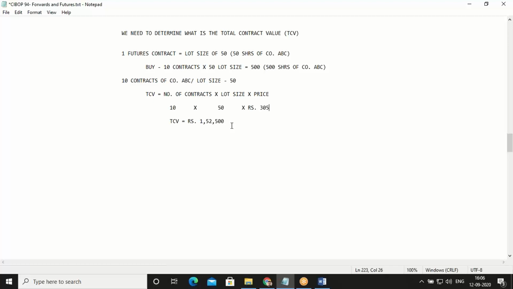Any other answer? Face value is the value at which the organization issued their share, and they will be giving back the return on that value only. And market price is the current market price of the share.